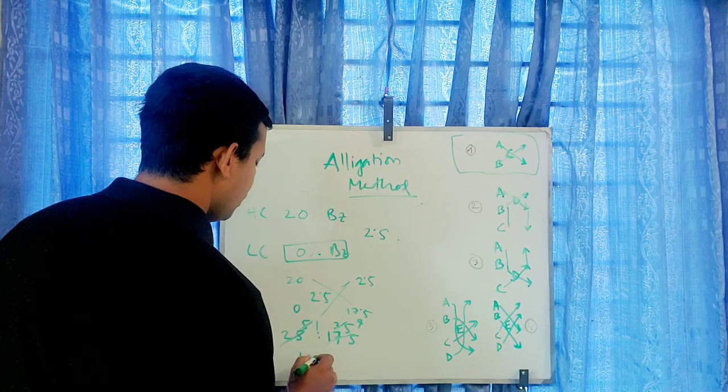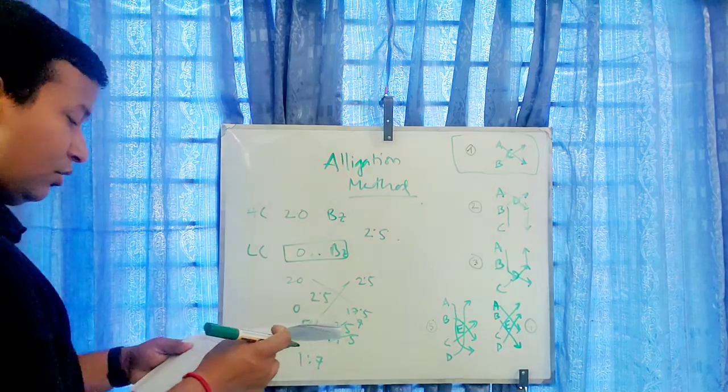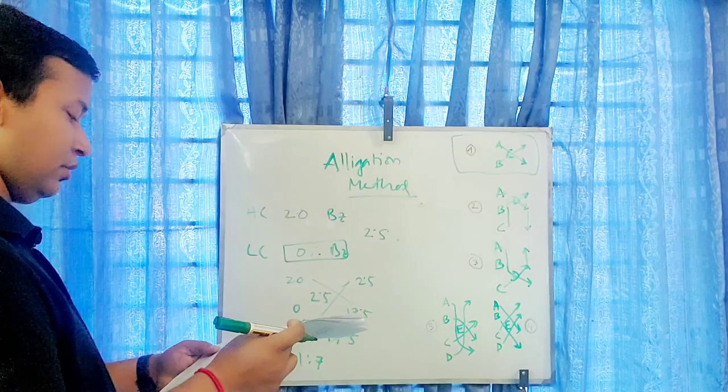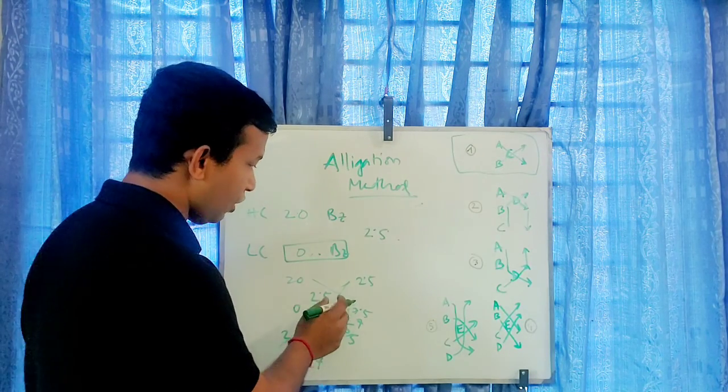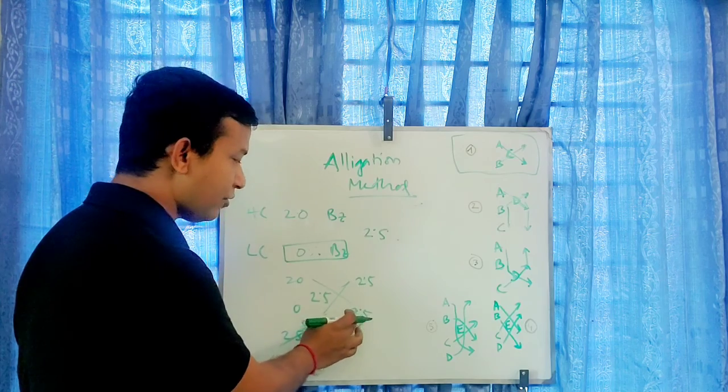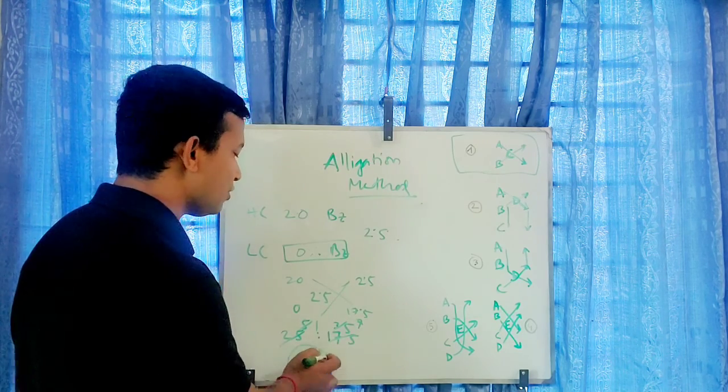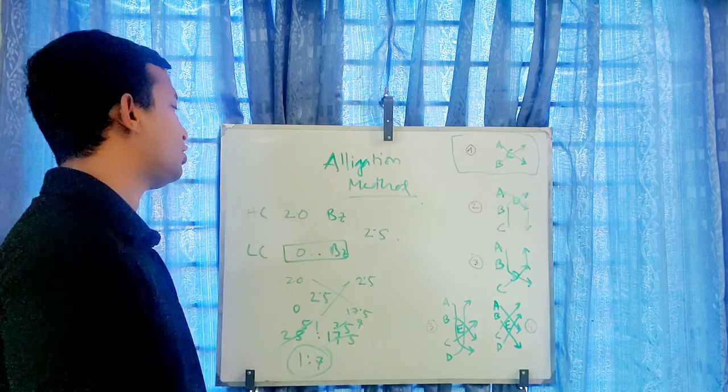Let me check. Yes, perfect. So from 2.5 to 17.5 we derived 1:7. That is the final ratio of these two things.